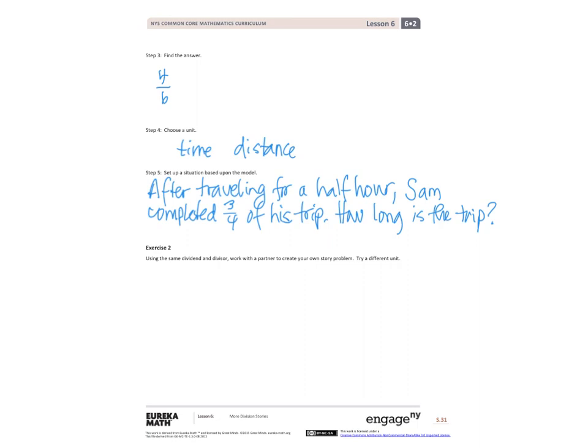So it's 4/6 or 2/3. The next one says use the same dividend and divisor with a partner to create a problem. We could say Brock completed 3/4 of his homework in a half hour. So Brock, I'm going to put homework, and he completed 3/4 of the homework in half an hour. I'm not writing the whole thing out, I'm abbreviating.